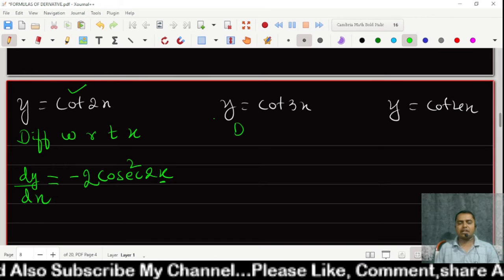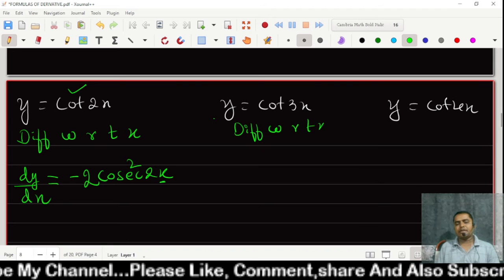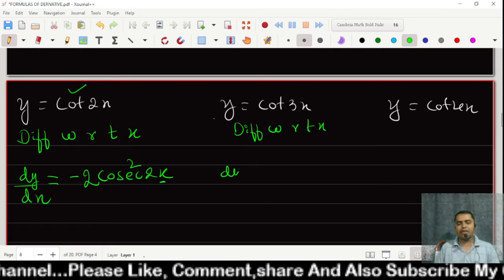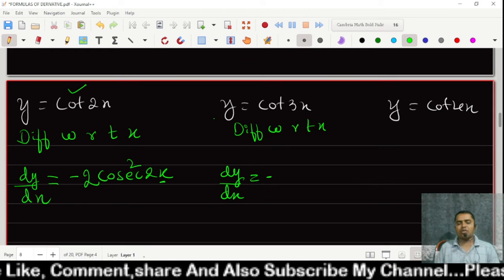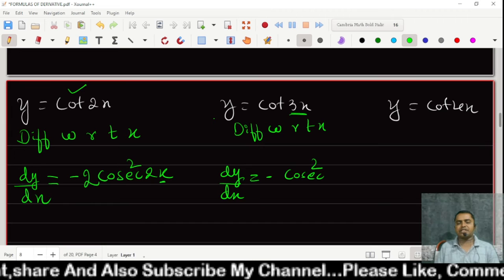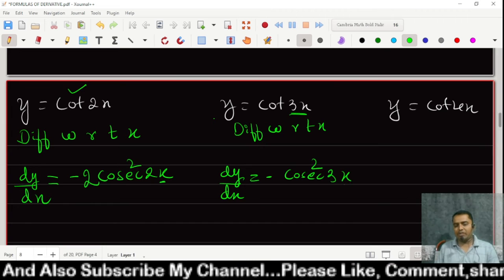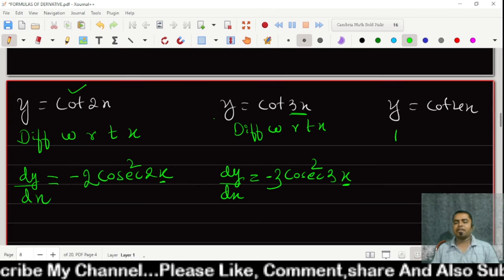In the same manner, differentiate with respect to x. Derivative of y is dy by dx. Derivative of cot is minus cosec square. Instead of x, 3x is here, so write 3x. And derivative of x is 1. 1 into 3, 3 we are writing backside here.